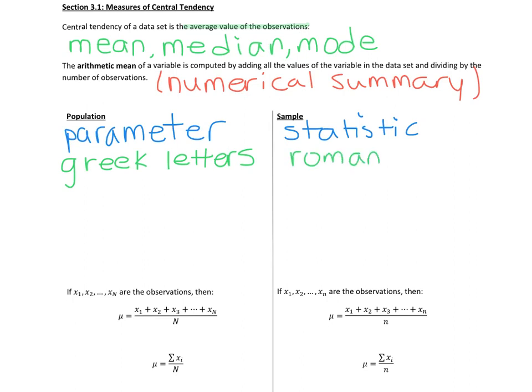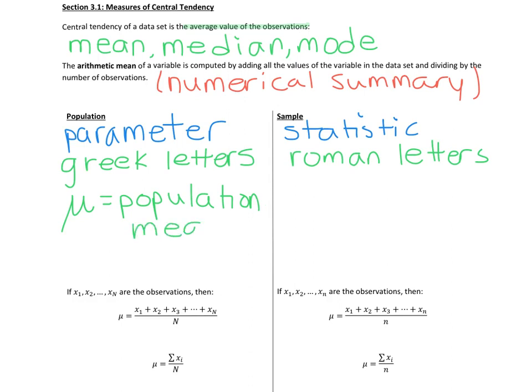Okay, so for the population mean, we use a mu. Looks like a fancy U. So this will always indicate the population mean. And it's pronounced mu.